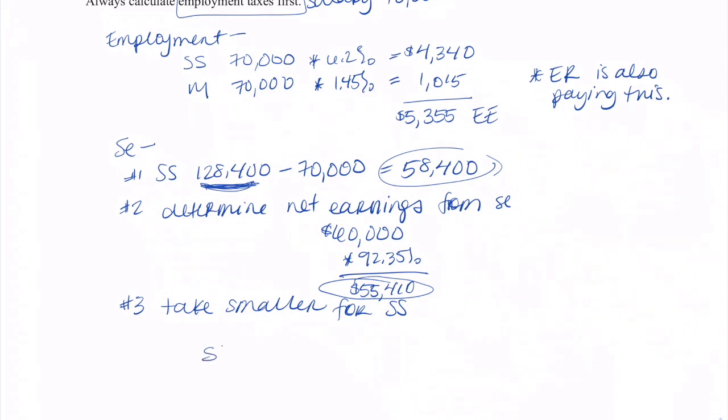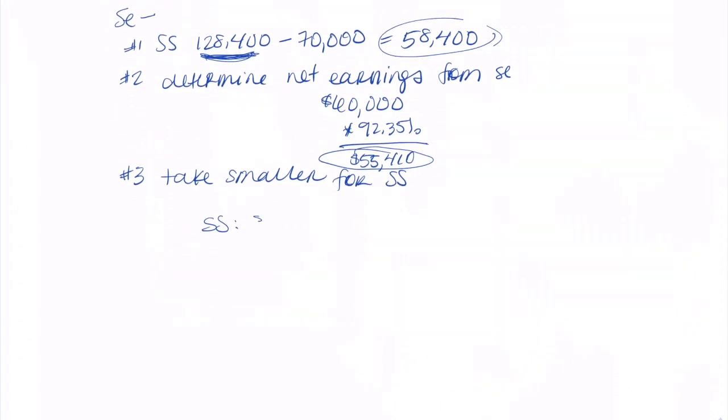So to get Social Security, we take $55,410 and multiply it by the 12.4%, both the employee and the employer's share, since this is our self-employment income we're talking about. And that is $6,870.84. For the Medicare portion, we don't have the cap, so we wouldn't consider the cap. All of our earnings would be subject to Medicare.